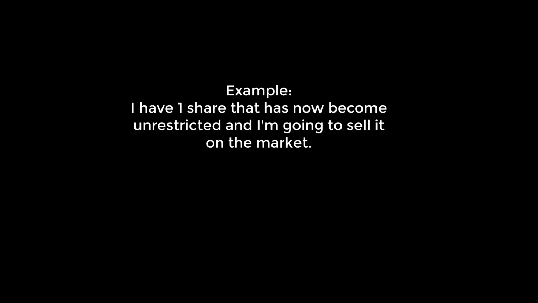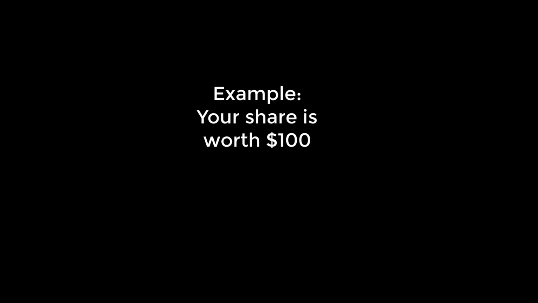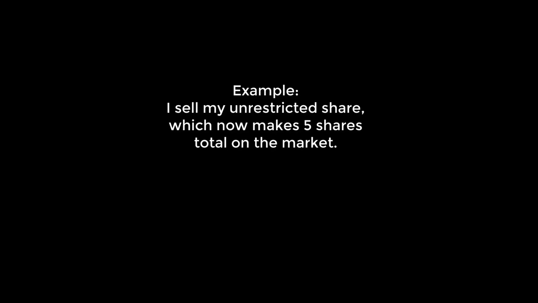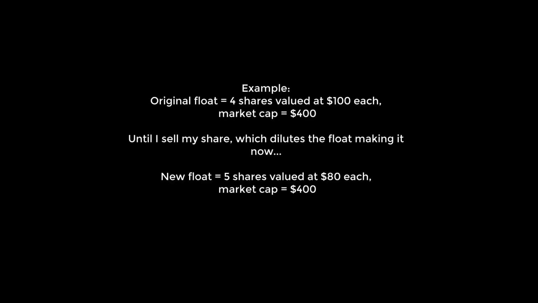Well, then I come in and my 1 share, which was the restricted share, is now unrestricted to where I can dump it onto the market. So let's say that your 1 share is worth $100, and then I dump my share onto the market, which now decreases your share from $100 to $80.